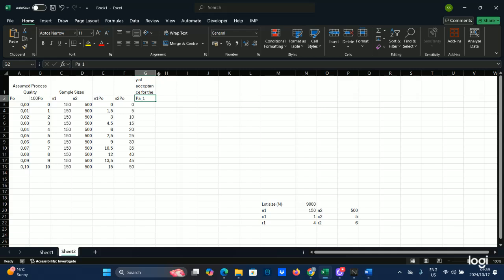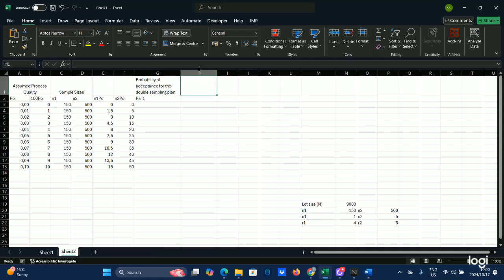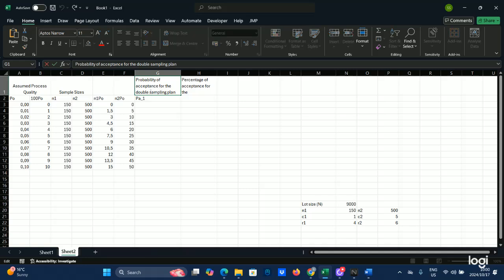Sorry, this is for the single sampling plan, since we're still dealing with the single sampling plan. It's going to be the percentage of acceptance for the single sampling plan as well.